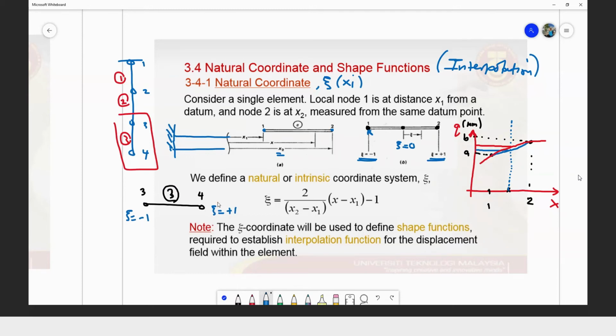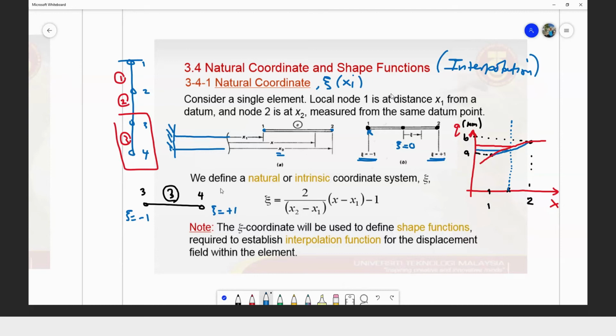So dia tak kisah. Tapi untuk kita punya approach, I think we have to make it consistent. So z always -1 on the left hand side and +1 on the right hand side. So tak kira elemen 1 ke, elemen 2 ke, elemen 3, value dia sentiasa sama je untuk semua elemen.